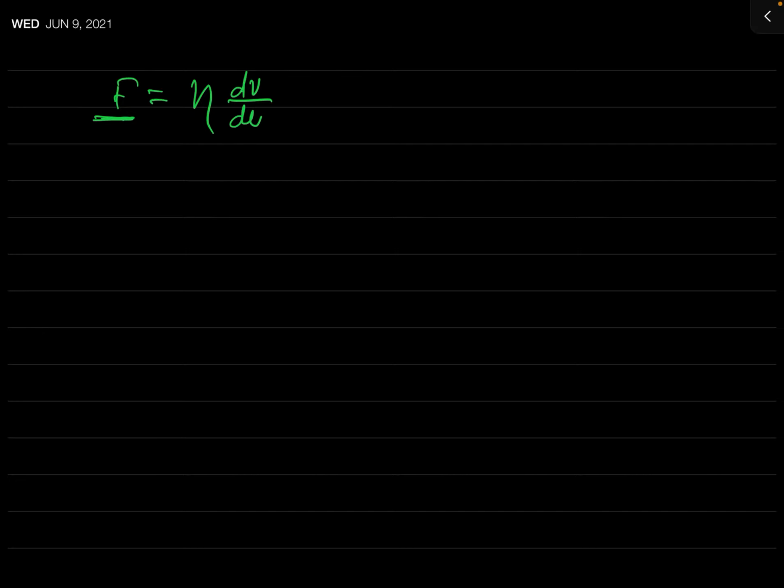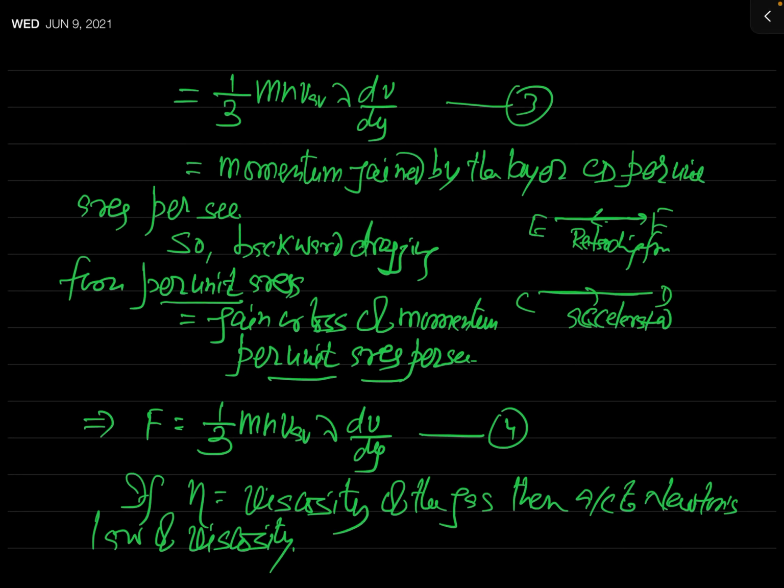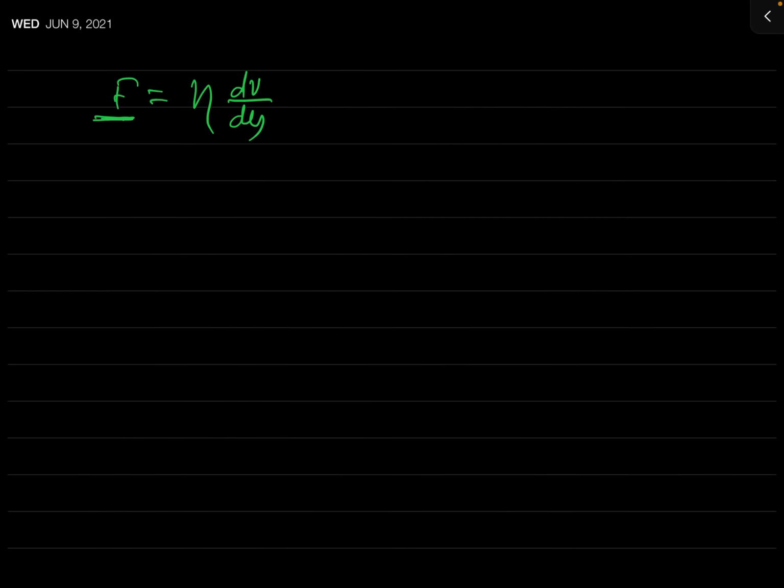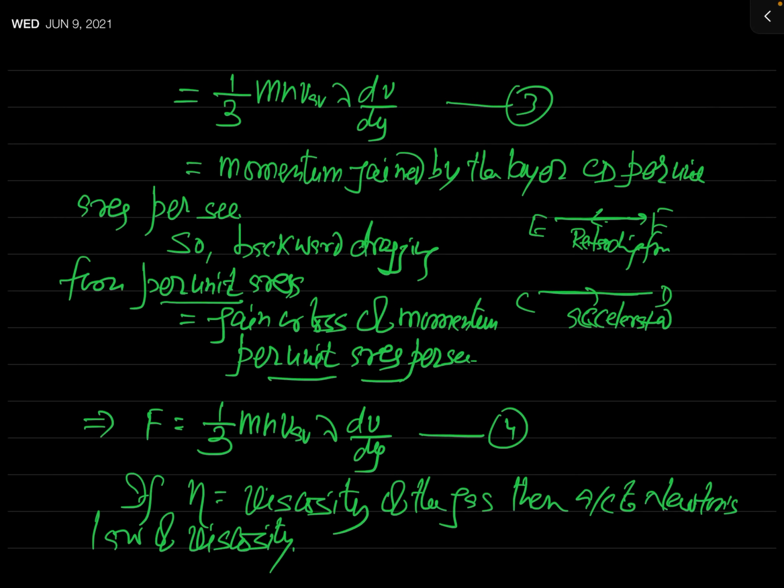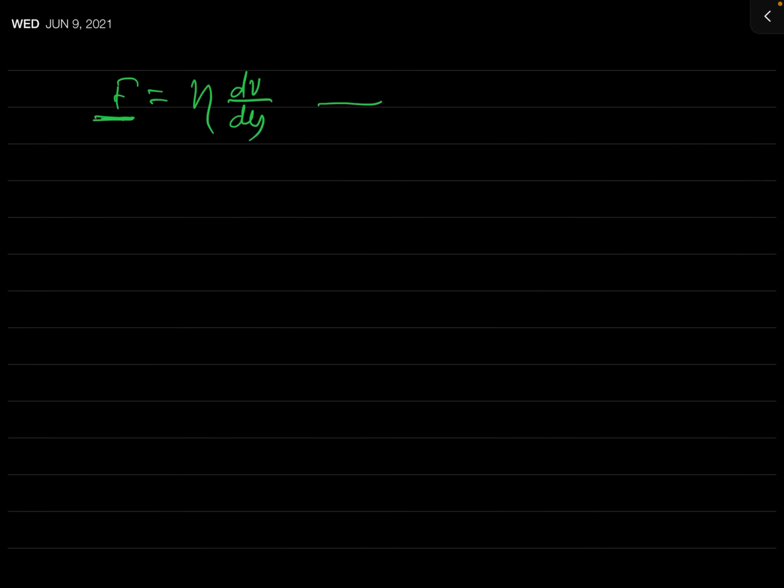So eta dV by dy is the expression for F according to Newton's law. So you can see that we have calculated this force by the concept of kinetic theory of gases, and again we have mentioned this formula from Newton's law, but both of these two equations define the same force.